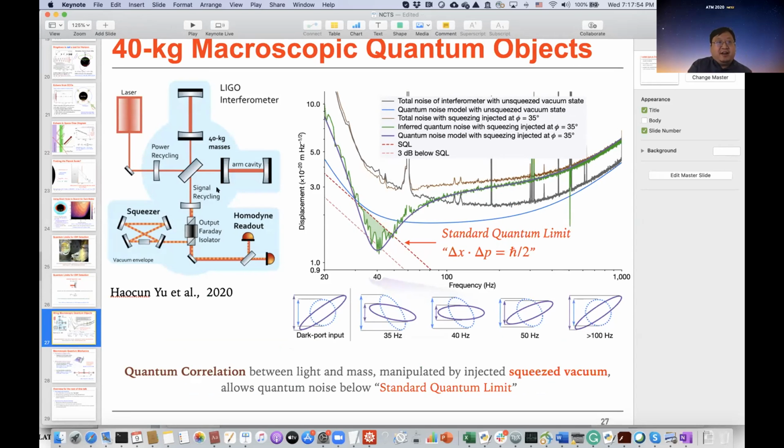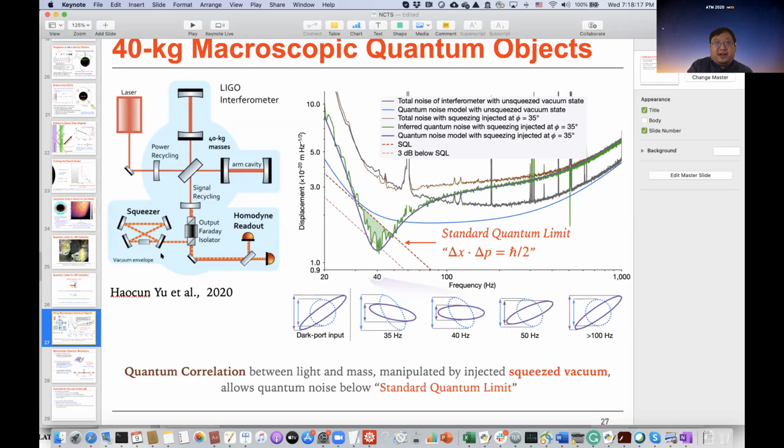Okay, so here I'm going to briefly show this noise curve. Basically, this curve shows the actual total noise that LIGO currently measures, and the quantum mechanical contribution from just quantum fluctuations would be this blue curve.